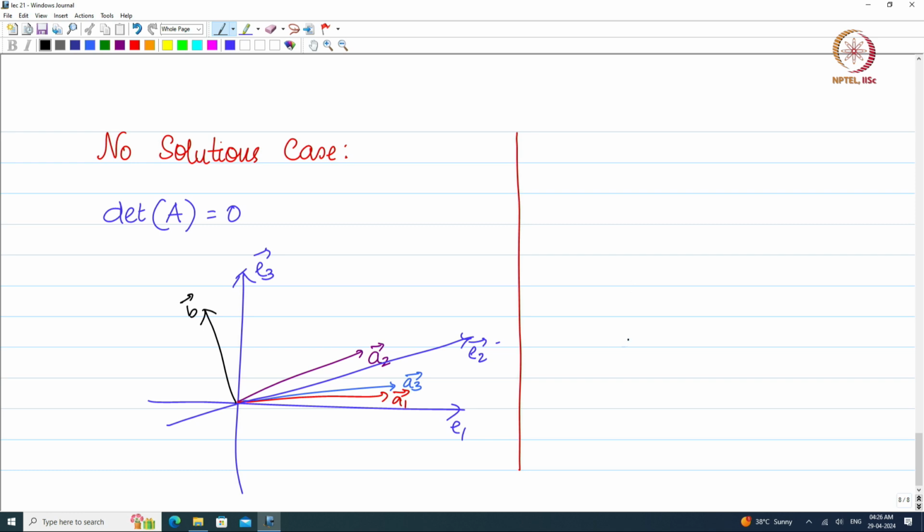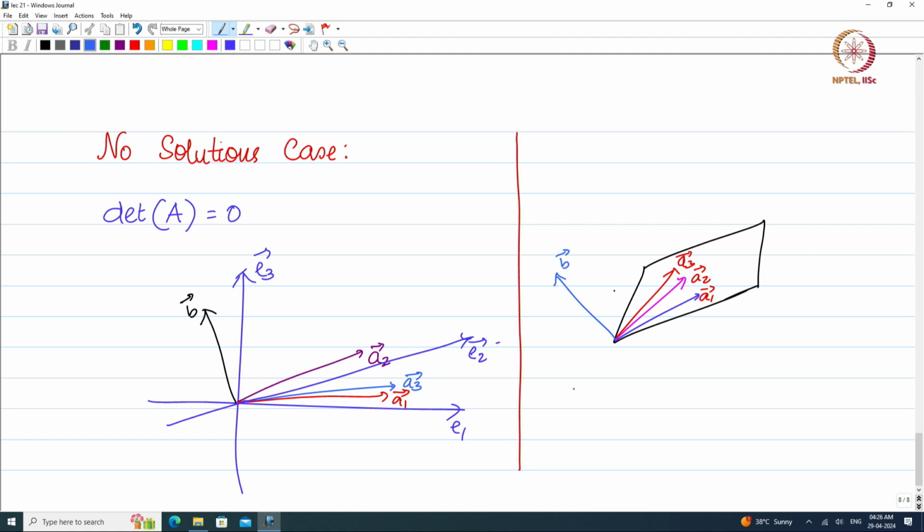So, how does this look? Let us draw it and then check. I have my A1, my A2 vector, and my A3 vector. This is A1, that is A2 and that is my A3 vector, and where does the B vector sit? The B vector is going to sit somewhere outside, like this.